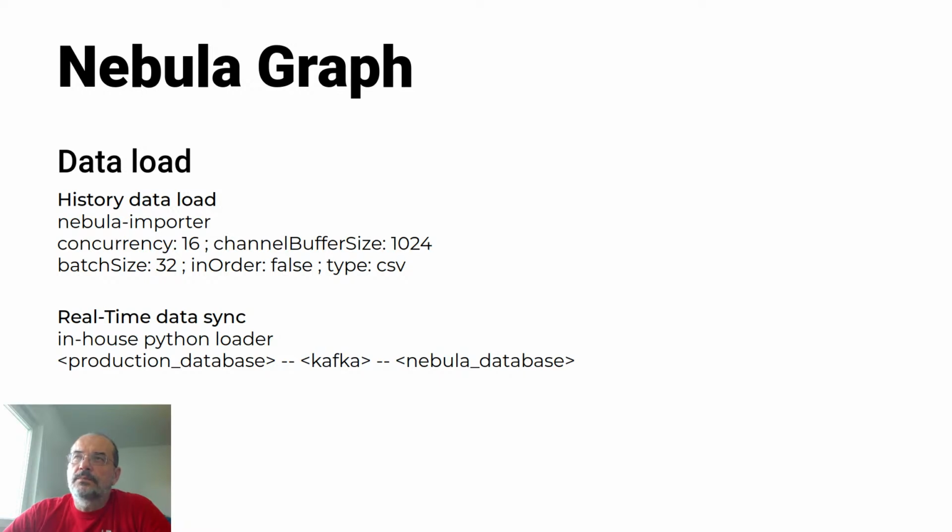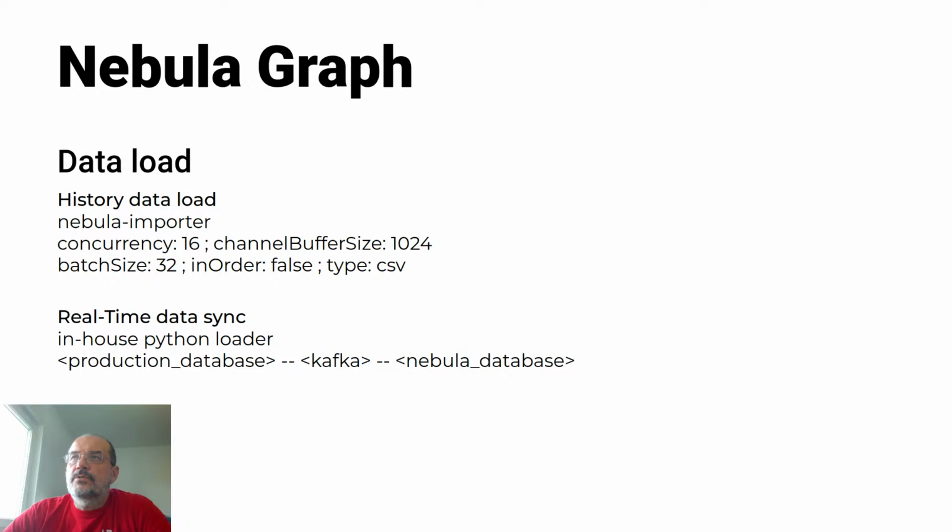One is the history data load, so we need to be able to load our historical data or synchronize our existing databases with the graph database. And the second one is real-time data synchronizers, which will keep those related data sets or related databases, for example our production database, in sync with our graph database.